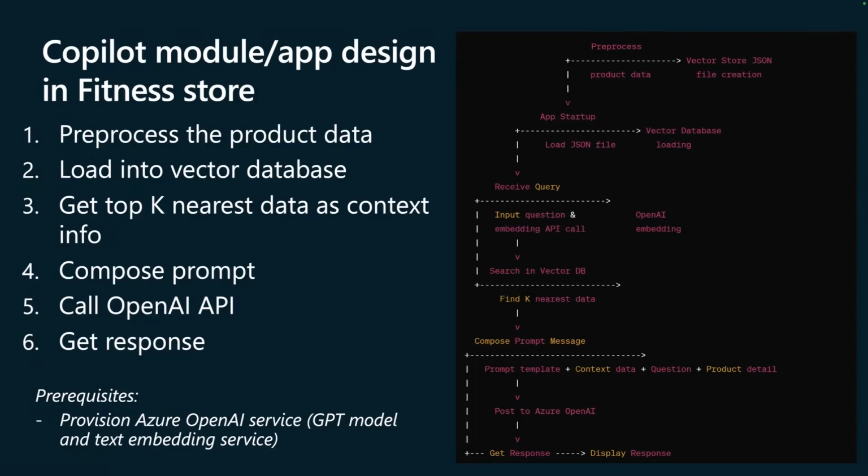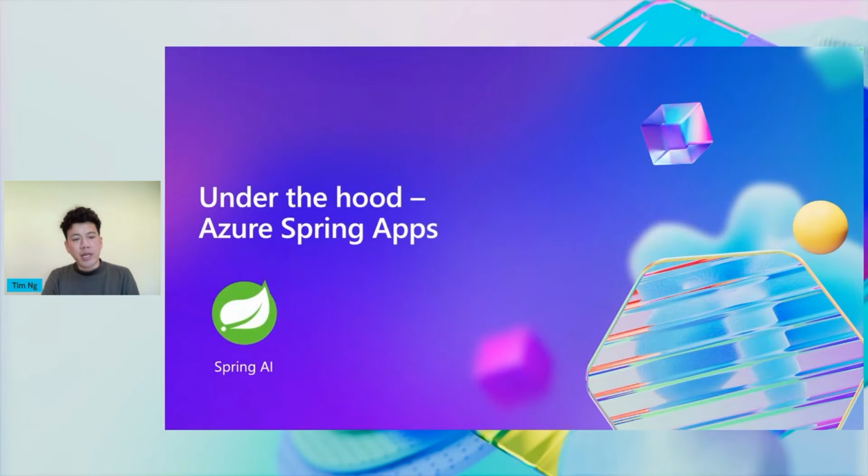Finally, we compose a prompt message by combining this contextual information and the text that the customer sent from the store, and we send this to OpenAI, and it responds with the answer. And we display this response on the web page for the customer to see. And so at a high level, this is how the flow works in response to a customer query from the web store. Next, we are going to take a look at Azure Spring Apps Enterprise.